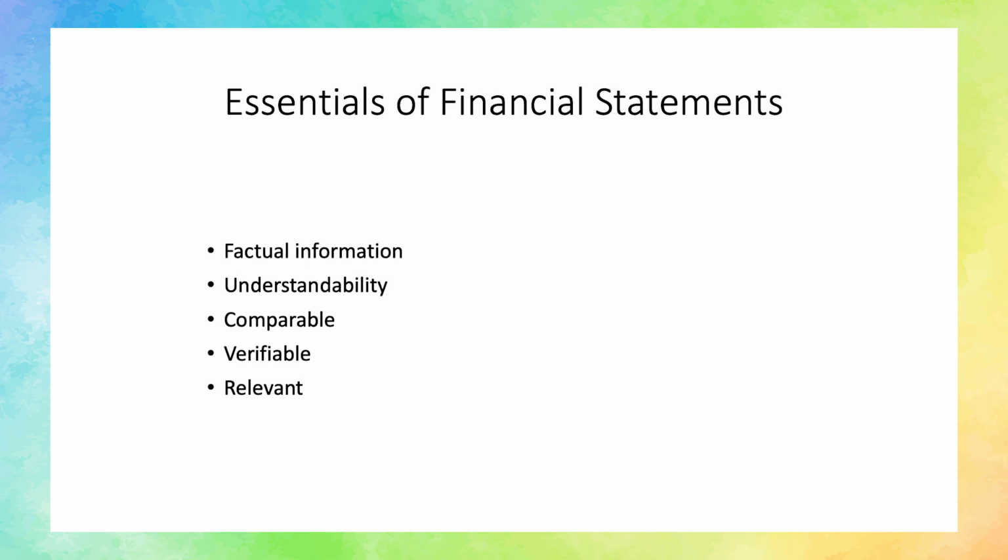Second is understandability: it should be prepared in an understandable manner. Third is comparable: financial statements should disclose the information in a manner that users can compare the information of the same entity over years and also compare with other companies.